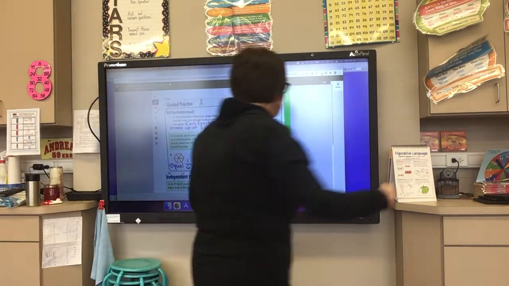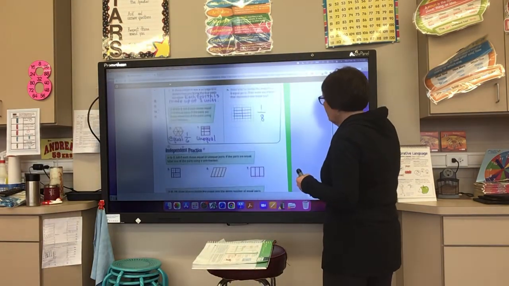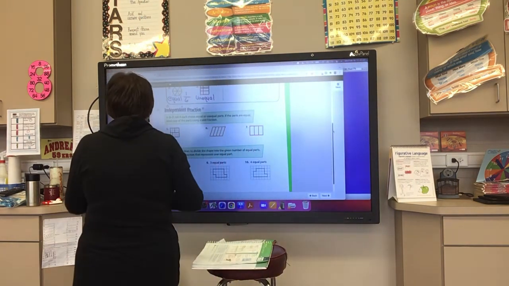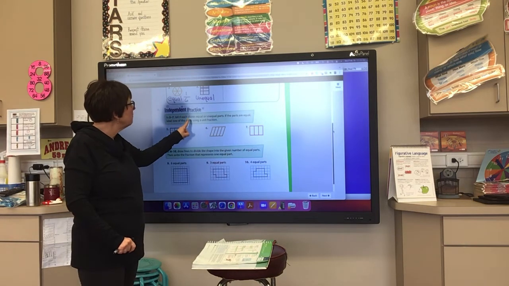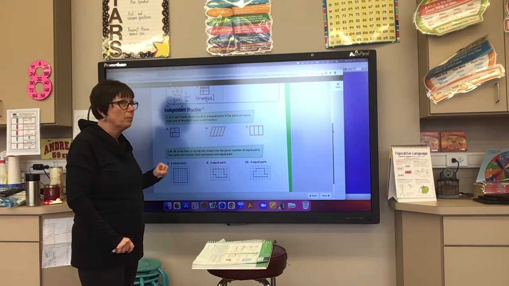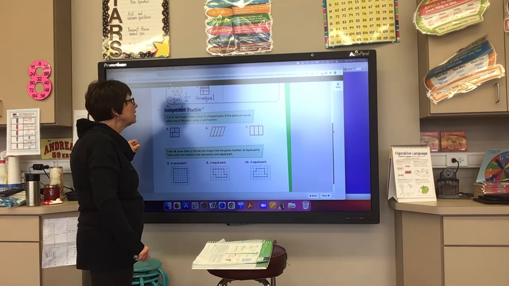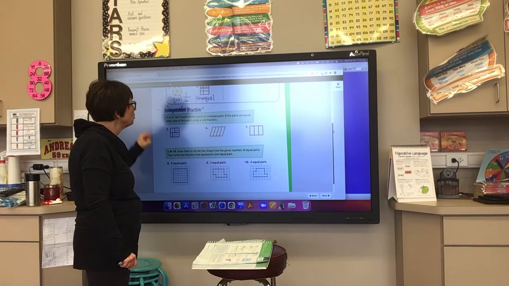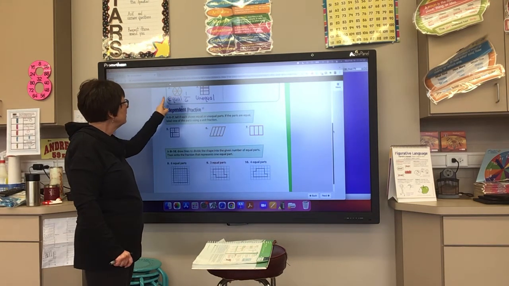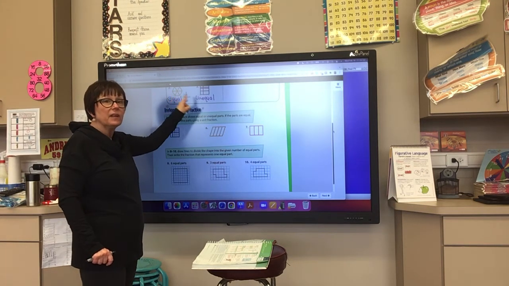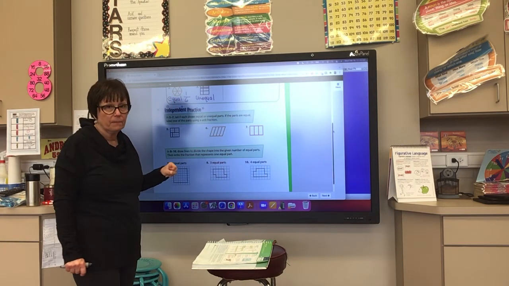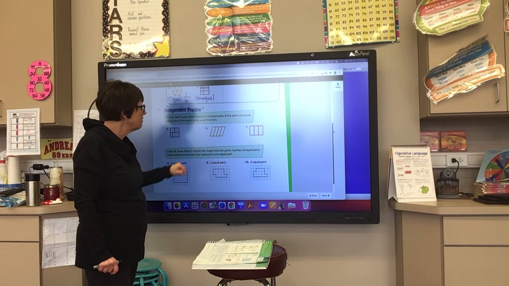Okay. So now what you're going to do is tell if each shape shows equal or unequal parts. If the parts are equal, label one of the parts using a unit fraction like we did here. So you're going to do 5, 6, 7.